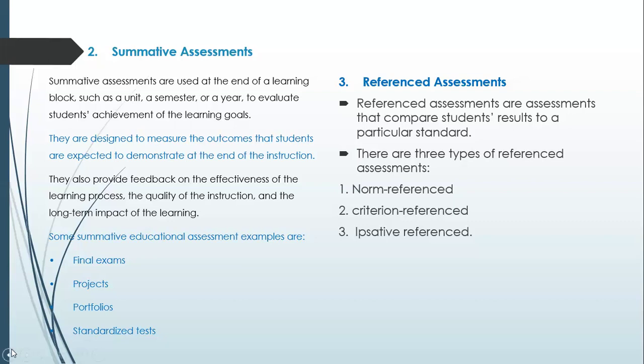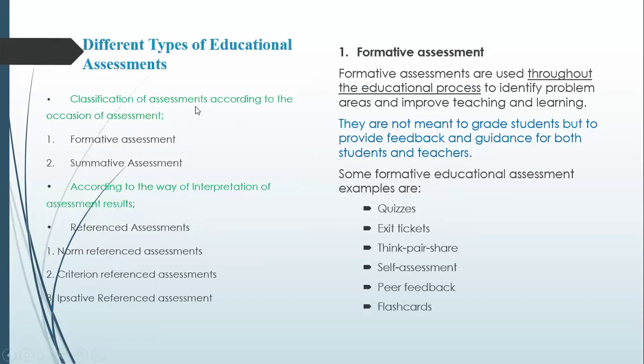So basically, according to the time of the assessment, according to the occasion of the assessment, there are two types of assessment, formative and summative. The next one is according to the way of interpretation of assessment results, which we call reference assessments.